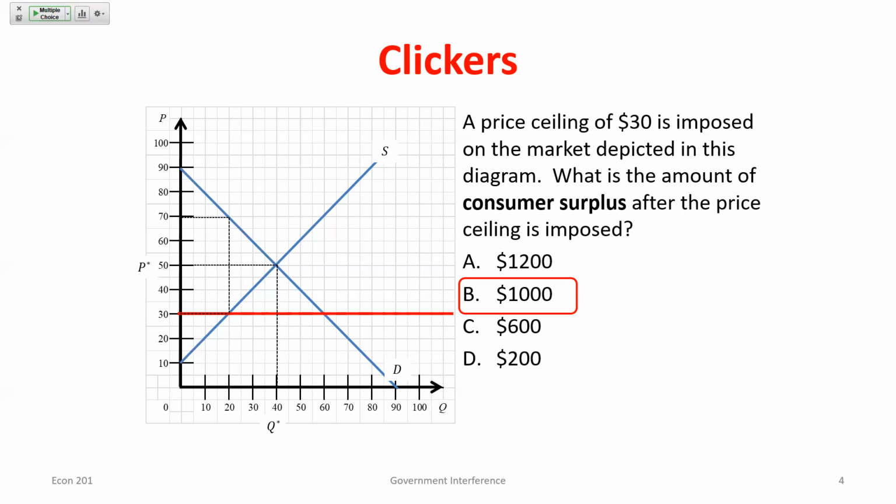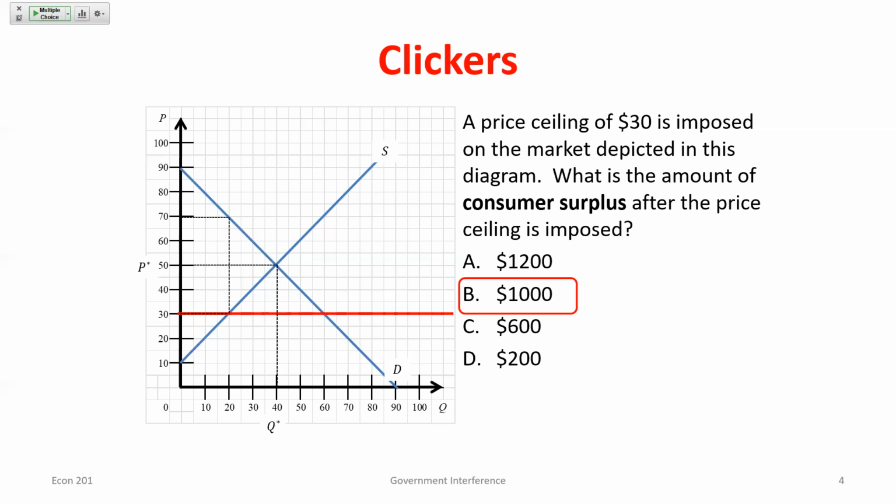The base of that triangle goes from 0 to 20. Take the difference of those two, and because it's a triangle, multiply by 1/2. So this ends up being 200. I've now found the two areas that represent the total consumer surplus, which was 1,000.